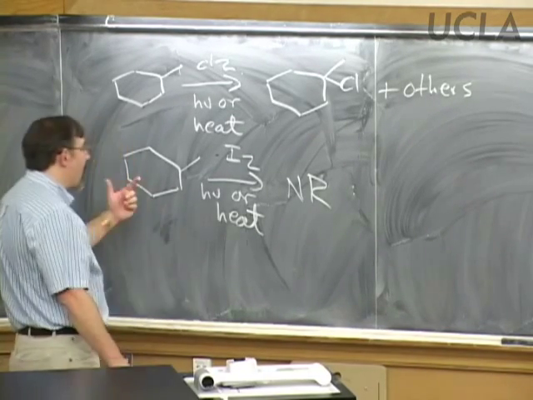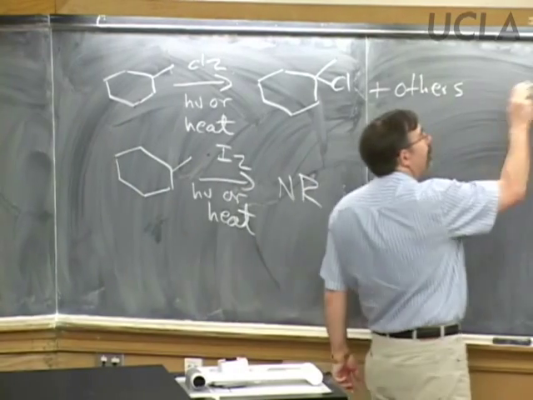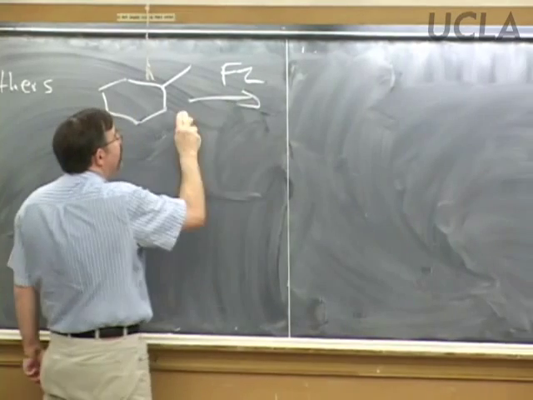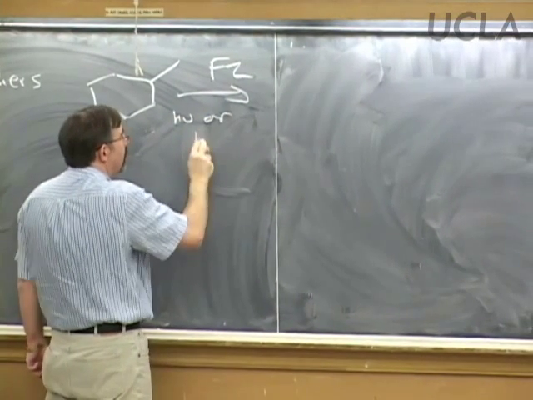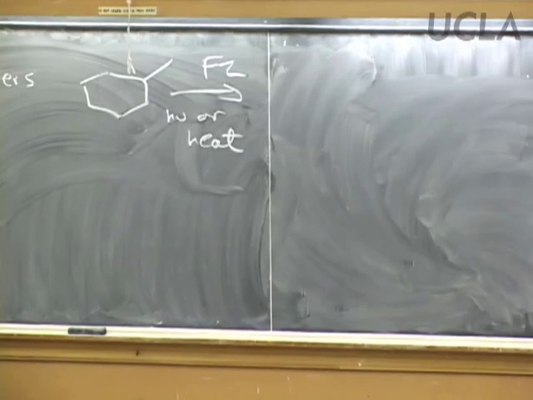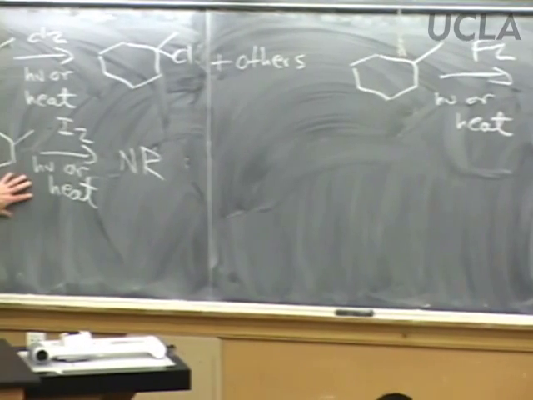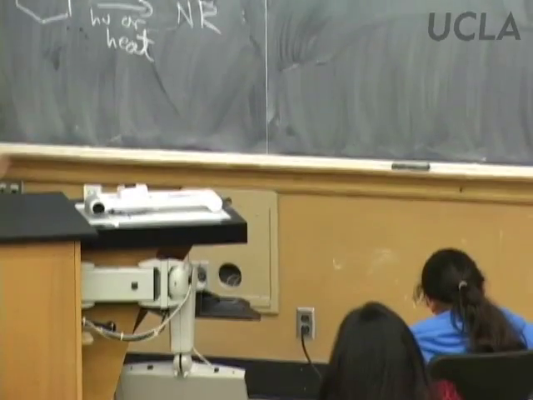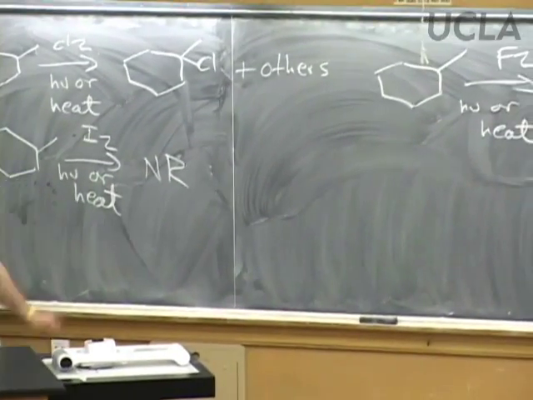All right? What about the opposite end of the spectrum? What about fluorine? Iodine is so non-aggressive as to not react. Bromine reacts, but it's selective. Chlorine reacts not so selectively. What do you think about fluorine?